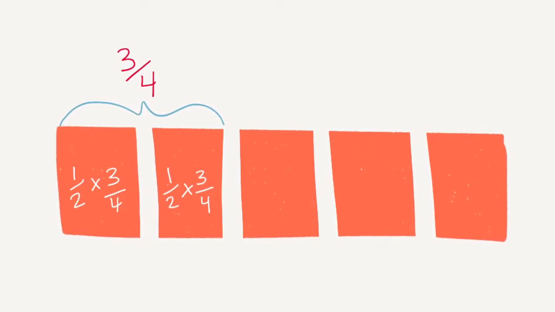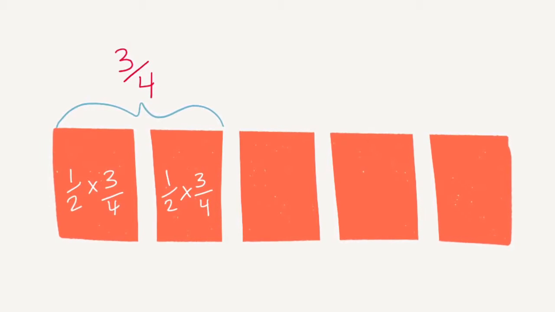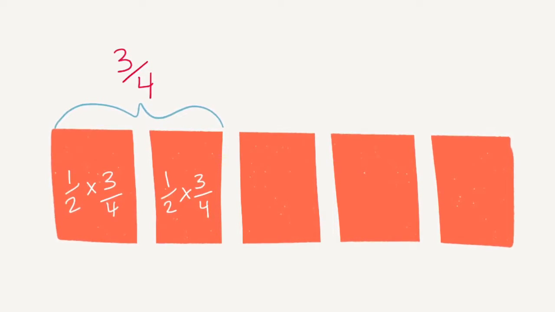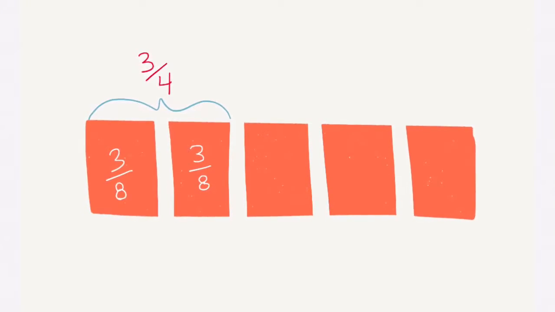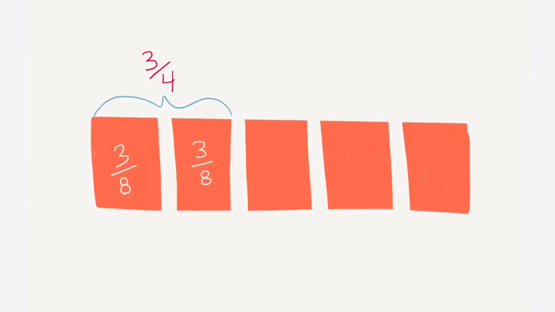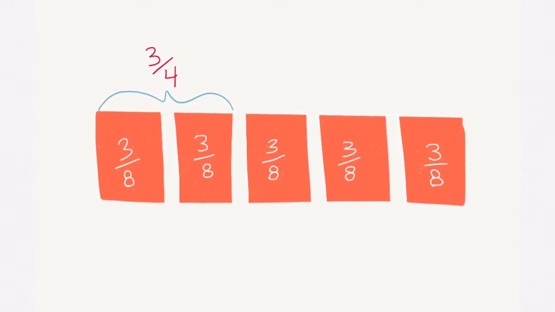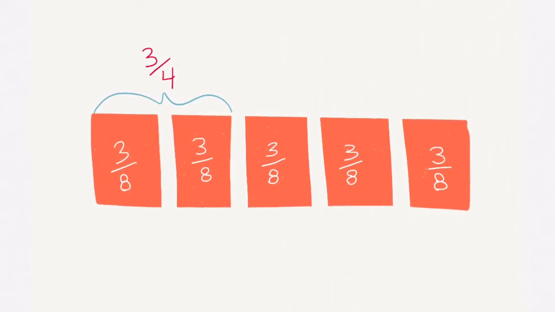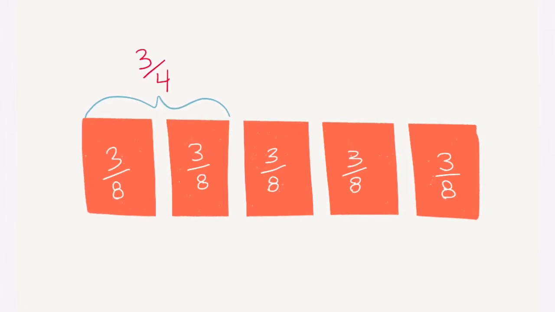Well, I want half of 3/4. So 3/4 times 1/2, and 3/4 times 1/2. And 3/4 times 1/2 is 3/8. So I have 3/8 and 3/8. And this is helpful because it tells me what the value is of every other fifth here. All of these fifths are equal to 3/8 individually.